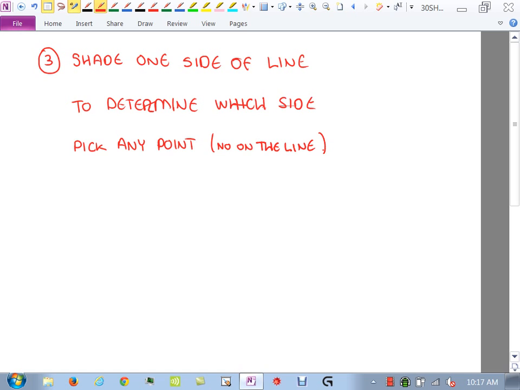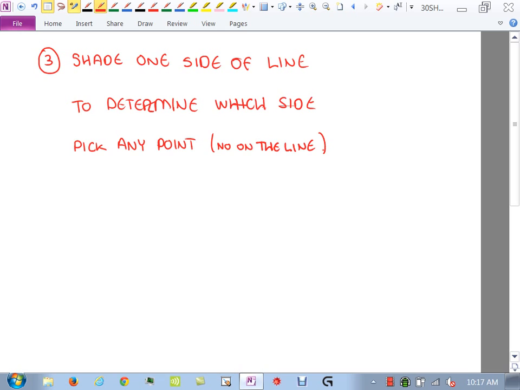Now, I picked 0, 0 a while back, right? When I was showing you that example a second ago. 0, 0 is always a good point to pick, if you can. But sometimes your line goes through 0, 0, so you can't pick it. All right? So pick any point as long as your line doesn't go through it. And then what do I do with that point?